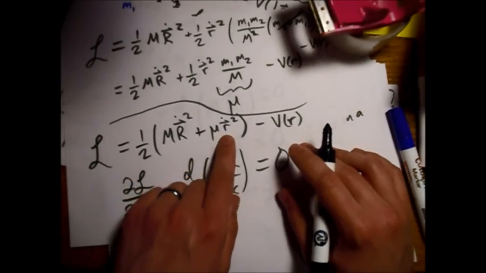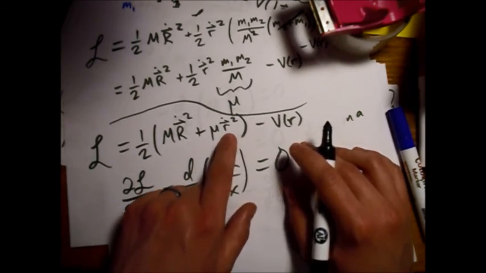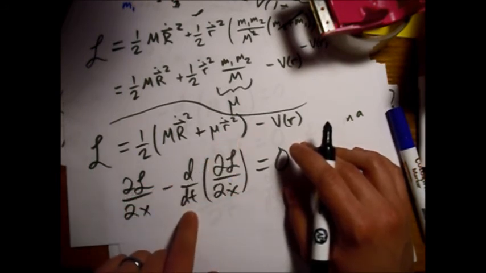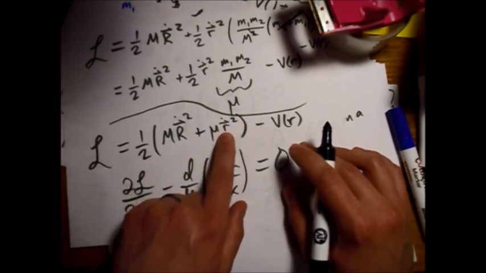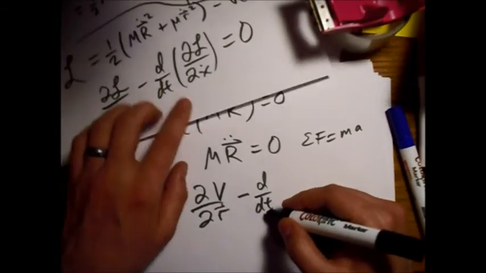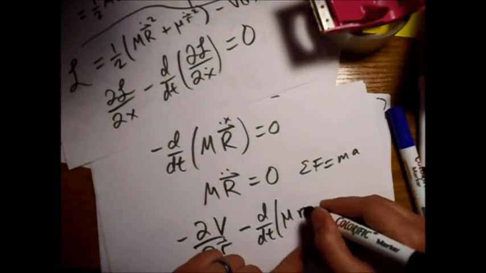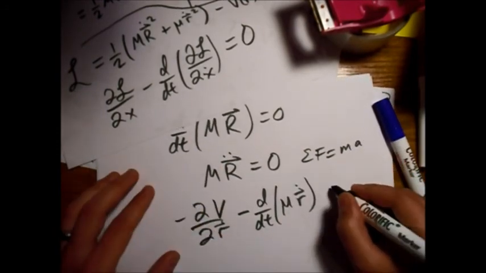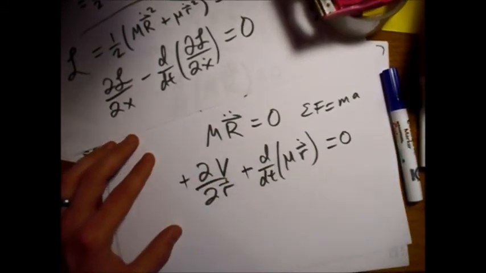And again, mu, the reduced mass, is not going to be changing with time. But first we have to take the derivative with respect to little r dot, just similar to what we had up here, except in this case it's mu little r dot, equals 0. I'm going to divide by -1 again.